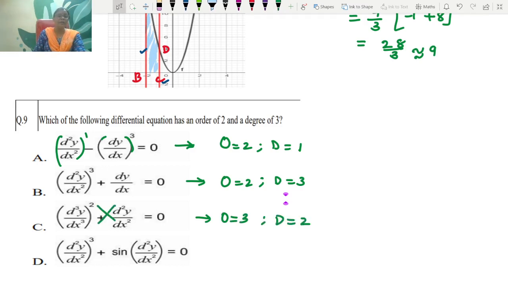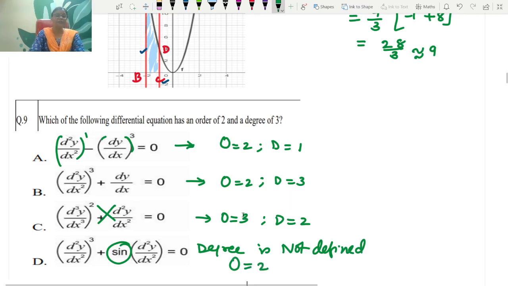Now the last option, it is sine of d2y upon dx, such type of expression degree is not defined, though the order of it is 2, its degree is not defined.